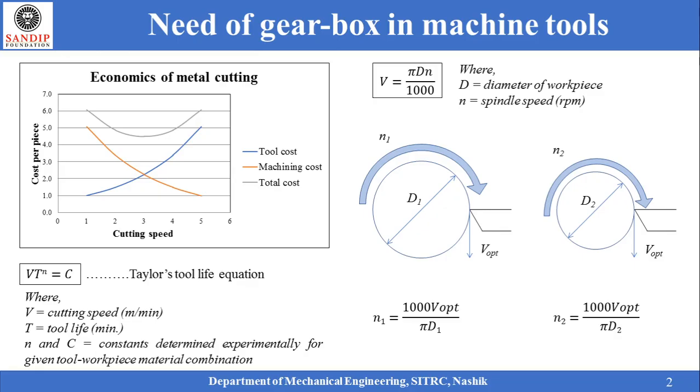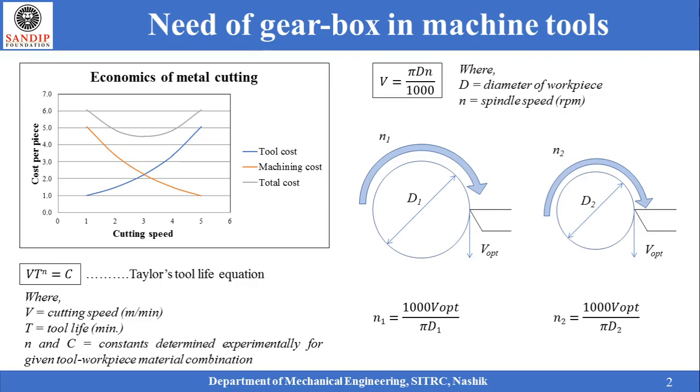For a given tool workpiece material combination, V optimum is known. If we are machining a workpiece of diameter D1, then the optimum spindle speed N1 can be determined by this formula, which is rearranged formula obtained from the formula of optimum cutting speed.